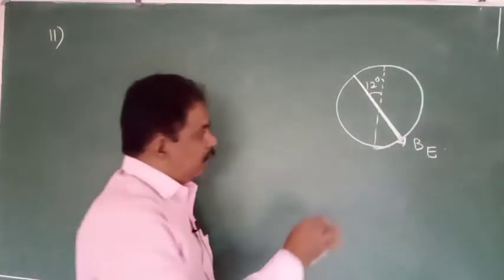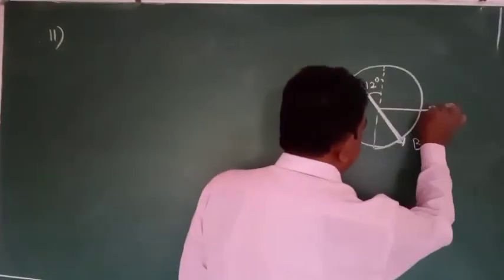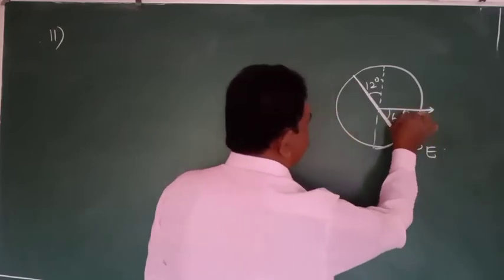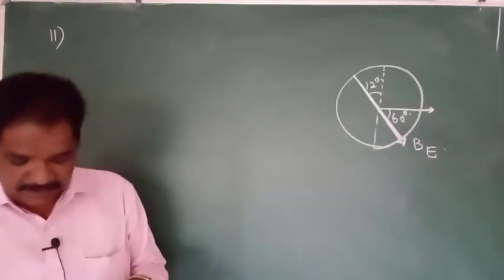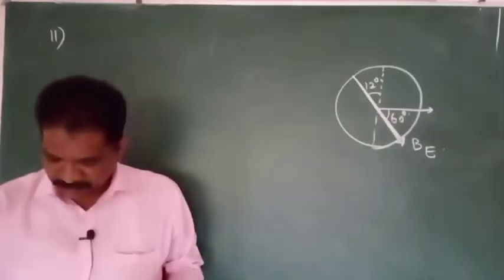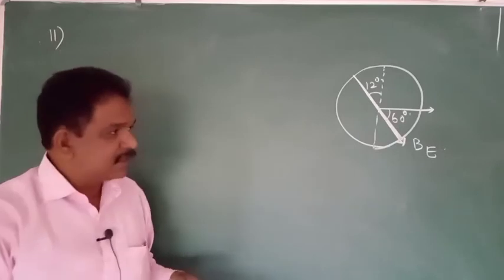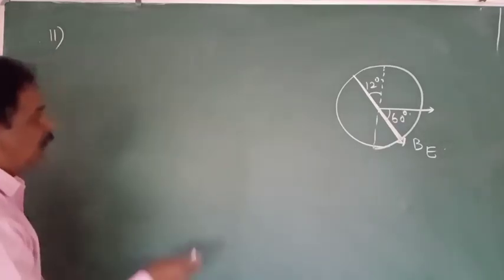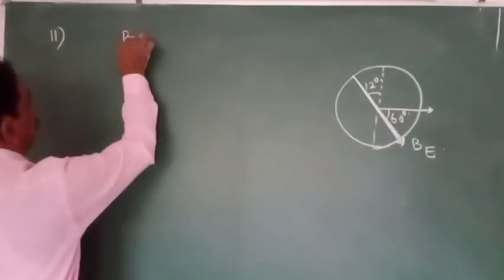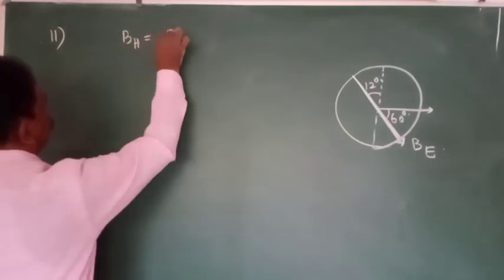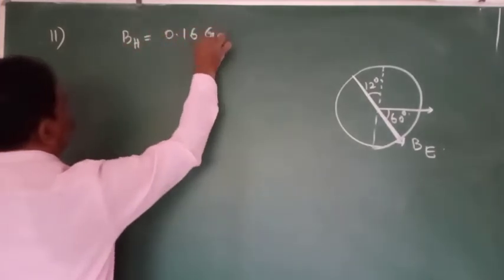Okay. With the horizontal, how much angle is it making? 60 degrees, they mentioned. And the BH value they mentioned as 0.16 Gauss. So, BH value will be 0.16 Gauss.